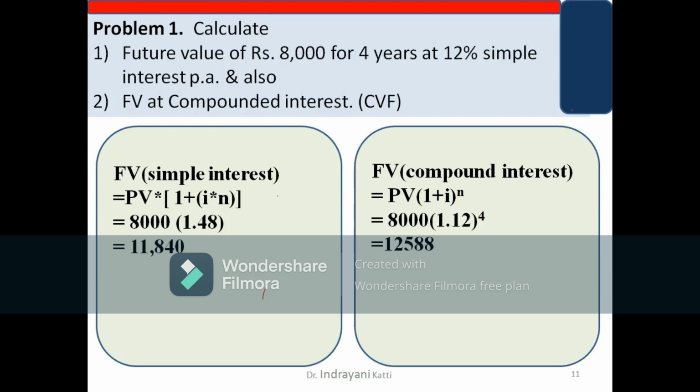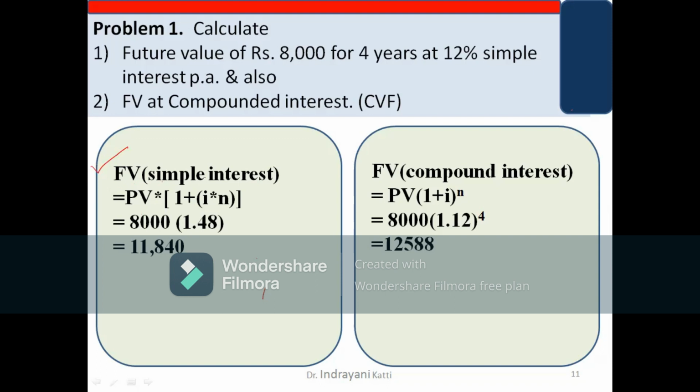First one: calculate the future value of rupees 8,000 for 4 years at 12% simple interest per annum, and also the future value at compounded interest. So same amount, same number of years, same rate of interest, but in the first case it is simple interest, in the second case it is compounded interest. Let's move on to the solution.